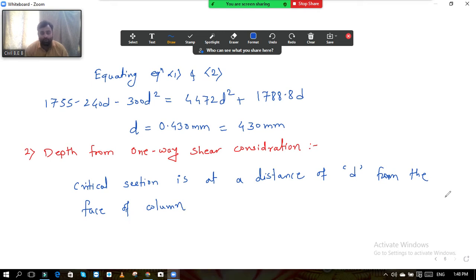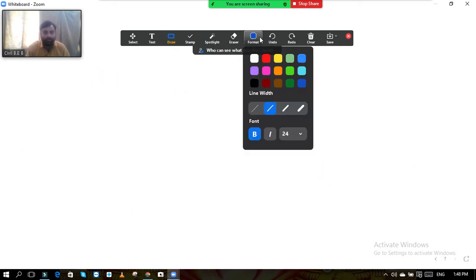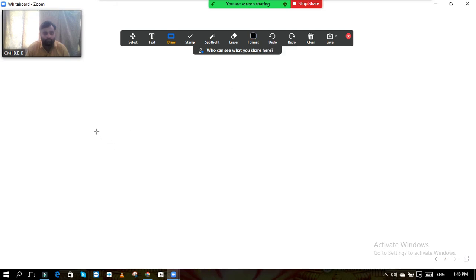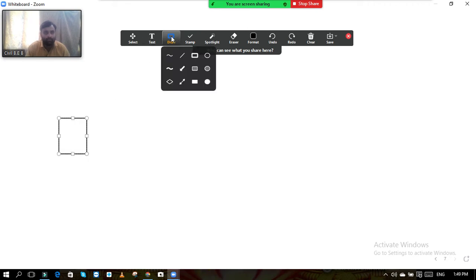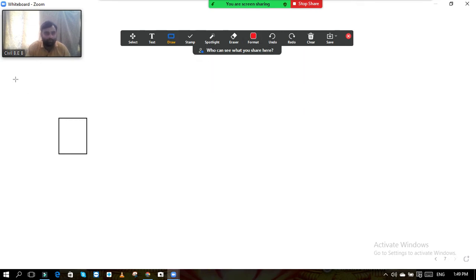Now if I draw the diagram, it is like this. Now this is our column. Then I will draw the footing. This is the footing.